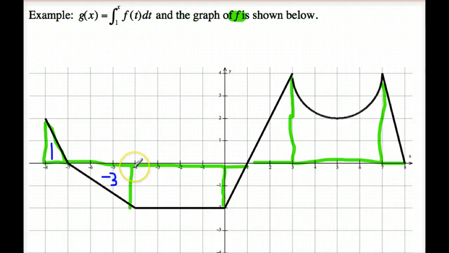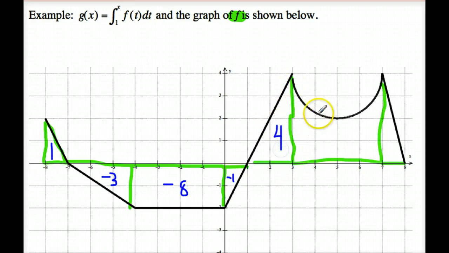Right here, I have a rectangle, so the length is 4 and the height is -2, which gives me a -8. Here, 1/2 my base is 1 times my -2 gives me -1. And then here I have 1/2 my base is 2 times 4 gives me 4.